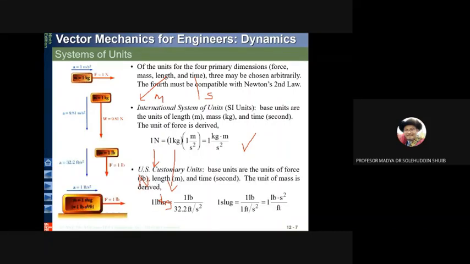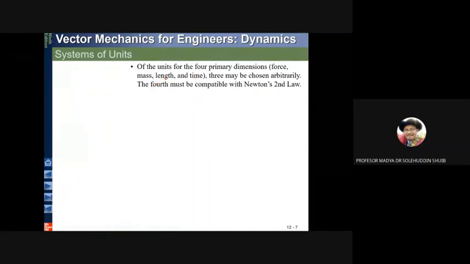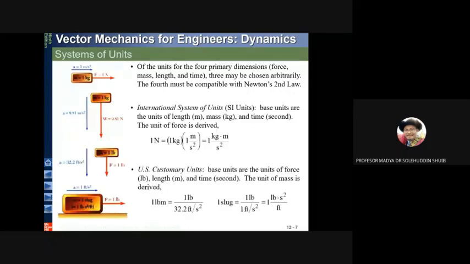How about US customary? This is for the US customary unit. Again, they also have the base unit.